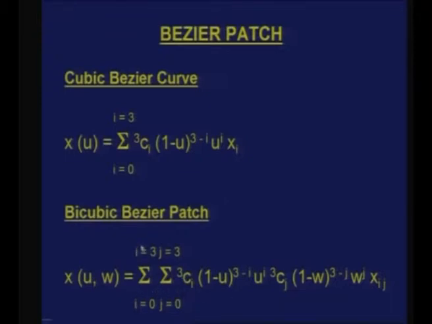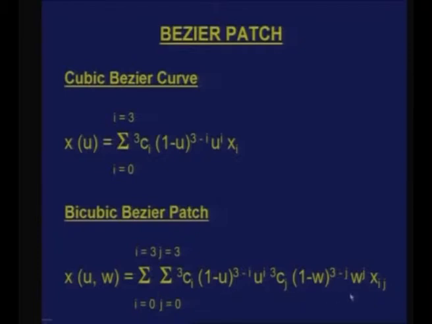I have the same binomial coefficient which was used here, like 3ci, 1 minus u to the power of 3 minus i; this remains the same, u also remains the same, but now I also have an additional term for the other parameter: 3cj, 1 minus w to the power of 3 minus j and w to the power of j. The number of inputs which you are giving here are 16, that is i goes from 0 to 3, j goes from 0 to 3.